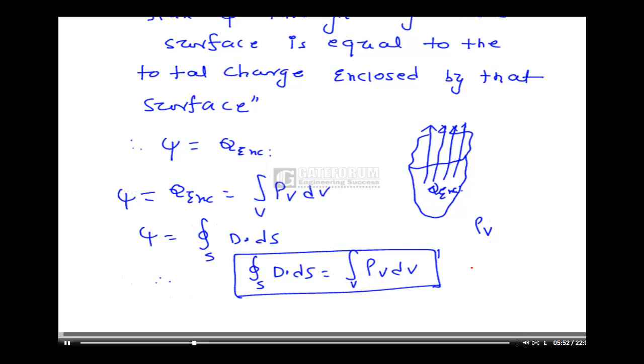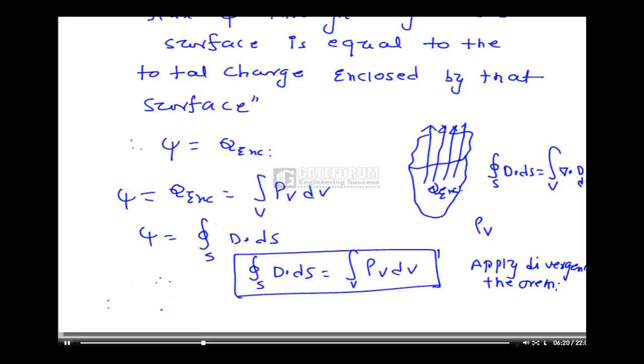Apply the divergence theorem here. Divergence theorem relates closed surface integrals to volume integrals. So according to the divergence theorem, the integral over S of D dot dS is equal to the integration over V of del dot D dV.